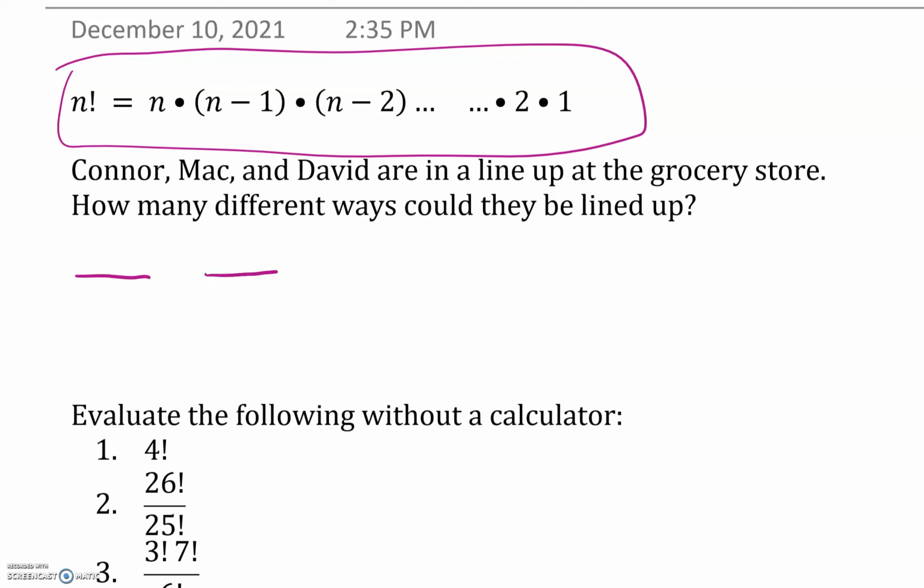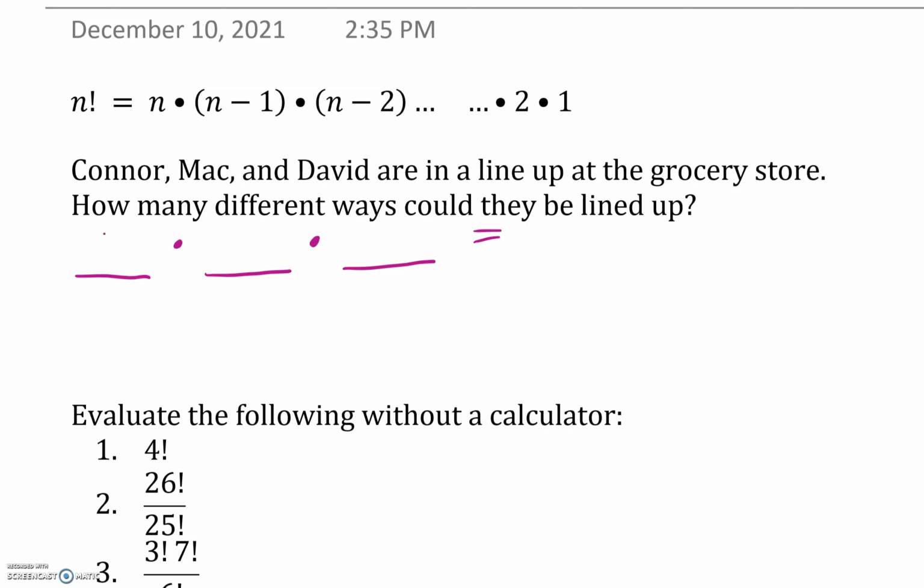So 1, 2, 3 positions in line. I'm using our fundamental counting method, or counting principle. So there's 3 different positions in line. If you think about it at first, there are 3 choices. Connor could go first, Mac could go first, or David could go first.